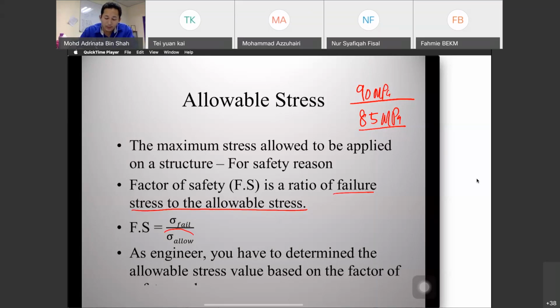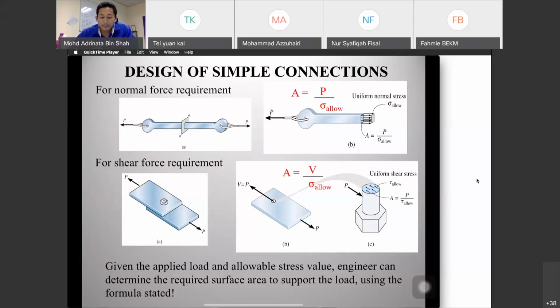So what is the allowable stress of our design? As an engineer, you have to determine the allowable stress value based on the factor of safety. For normal force requirement, we have sigma is equal to P over A, so A is equal to P over sigma allowable. For shear, tau is equal to V over A, and we have A is equal to V over tau allowable.